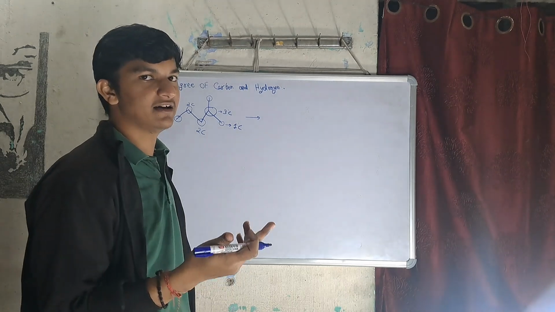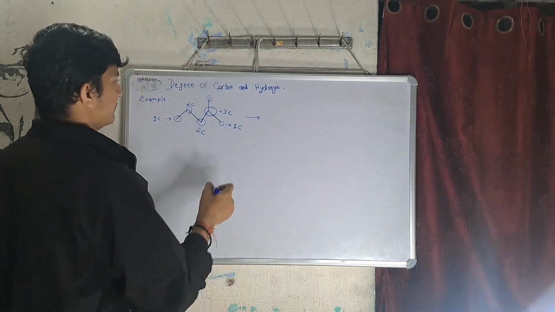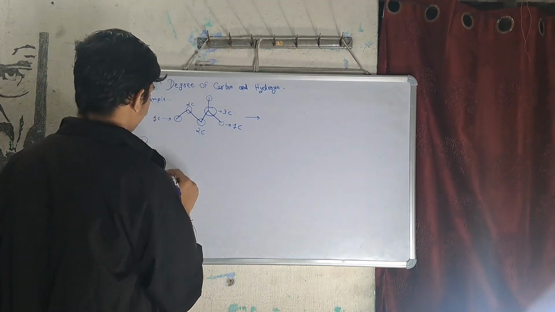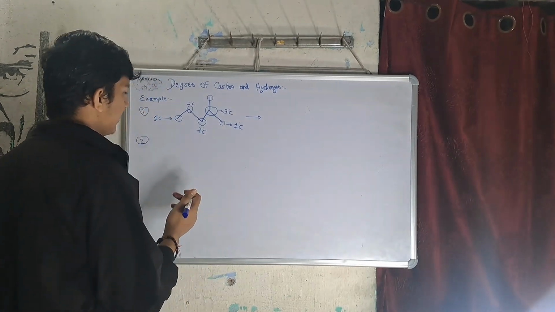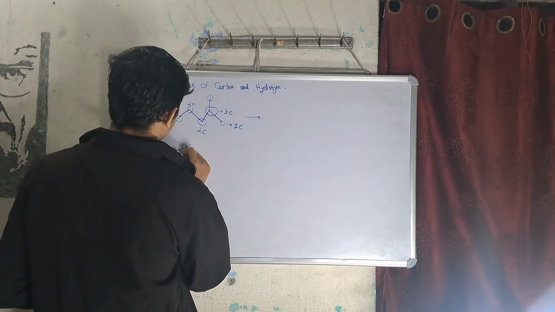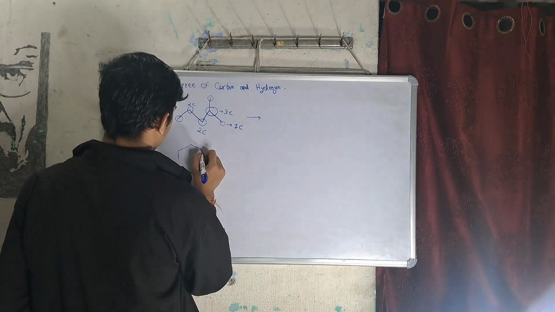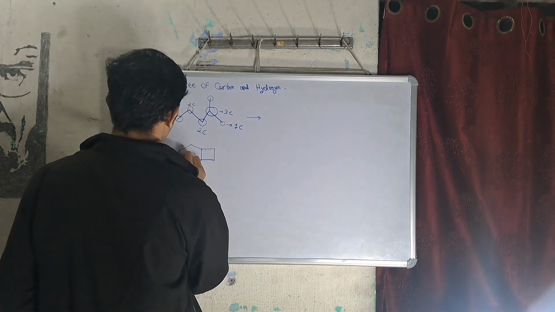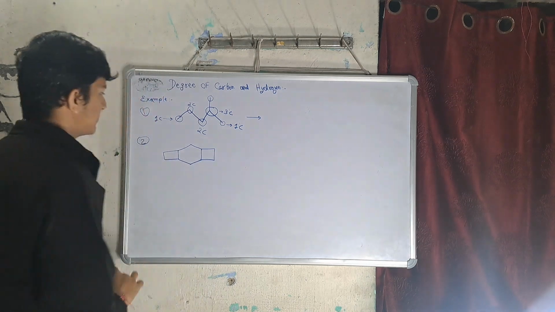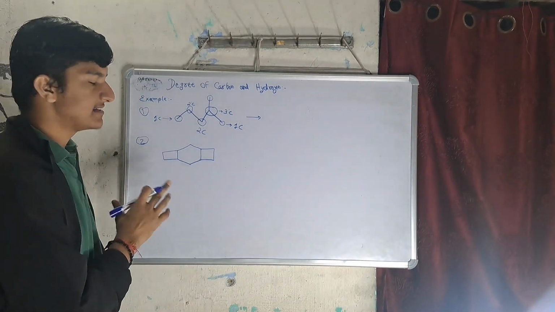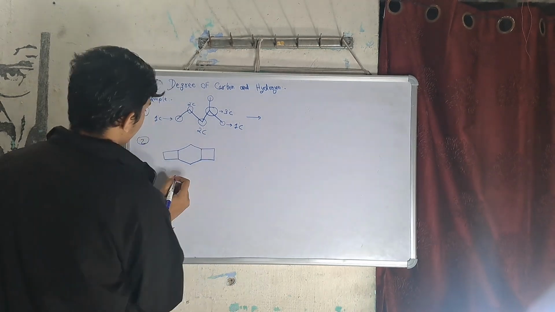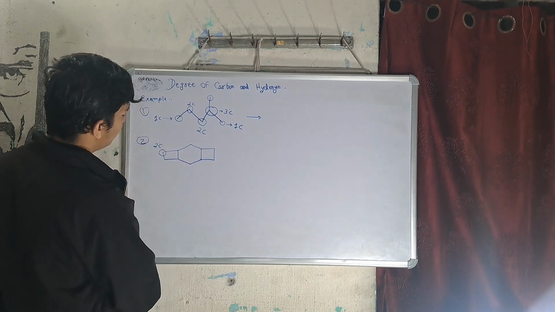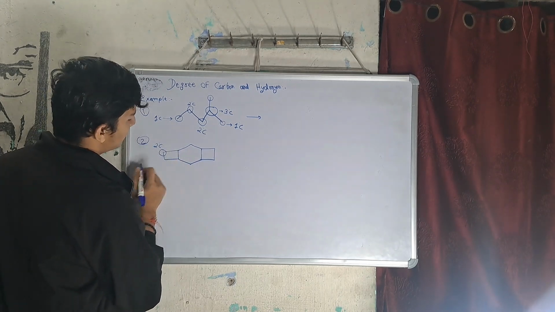Now let us take another example. Now we will take some complex example like this. In this example we can see that this carbon is 2 degree carbon because it is surrounded by 2 carbons.